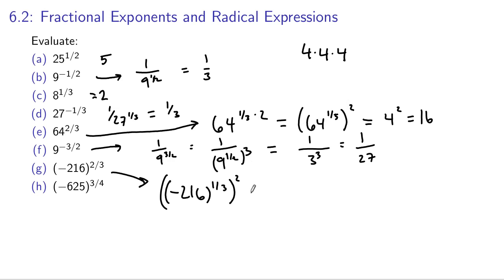Well, 216 to the 1/3 power, we need to find what number do we multiply by itself 3 times and get 216. And with a little thought or trial and error on our calculators, we would get the answer, which is, hold on, let me find it, that way I don't have to do my trial and error myself.